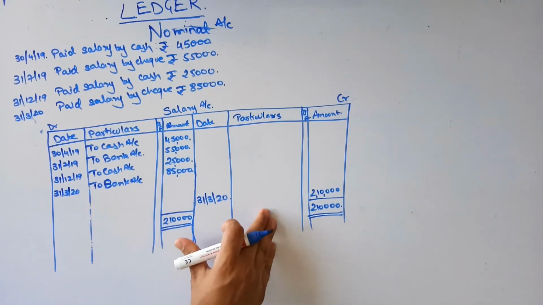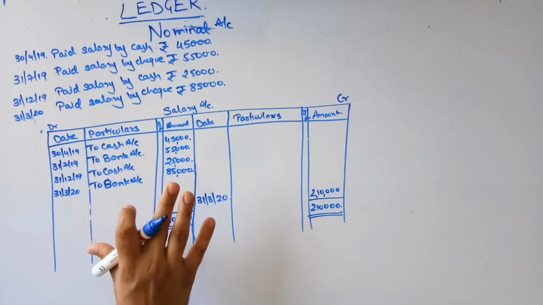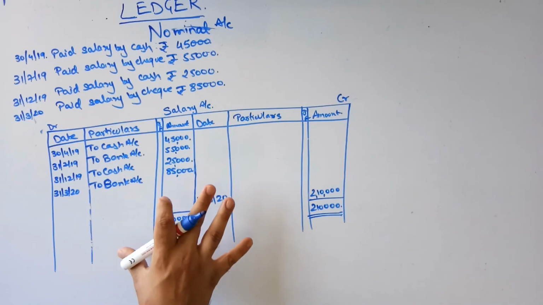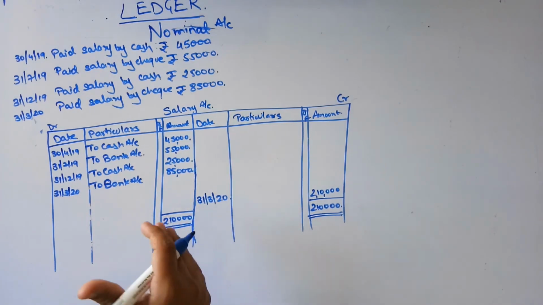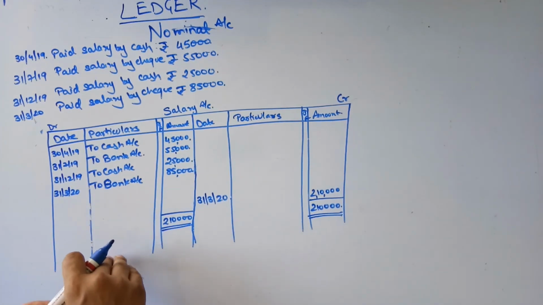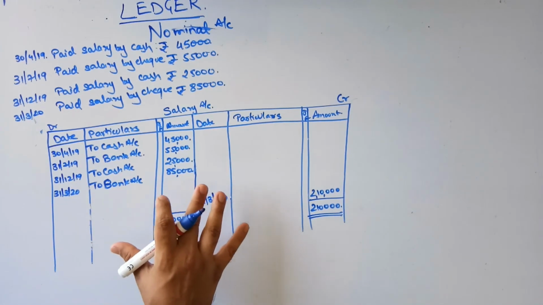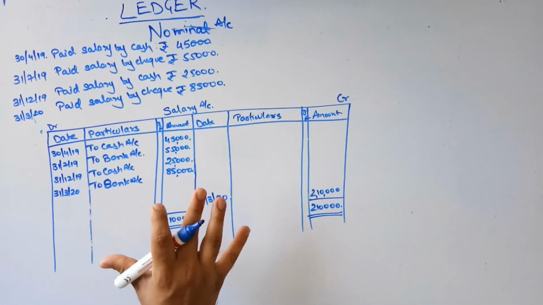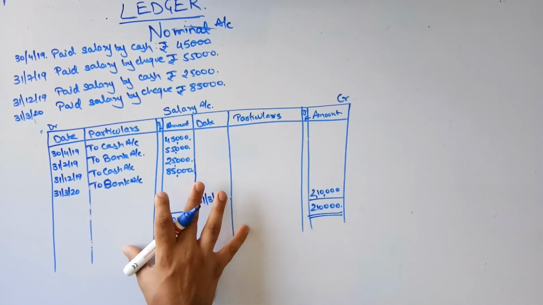We will not write by balance carried down and to balance brought down. Never. Nominal accounts will always be closed and transferred to profit and loss account, and they will not be carried forward to the next financial year. Why this kind of treatment? I will explain thoroughly when we do financial statements, but until then, please remember this statement.